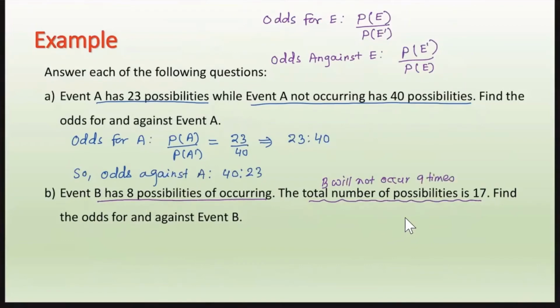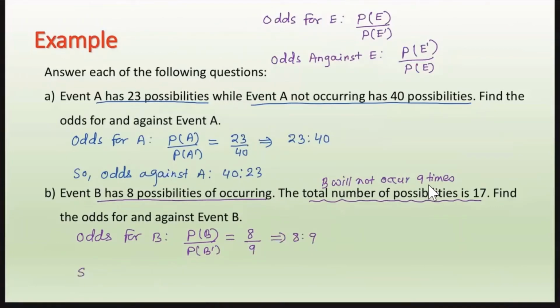So we have to find odds for and odds against B. Odds for B is probability of B divided by probability of not B. Probability that B will occur is 8, not B we just found is 9. So your answer is 8:9.